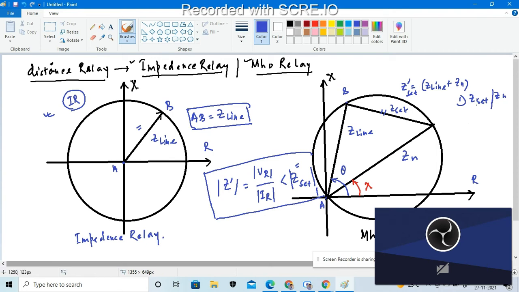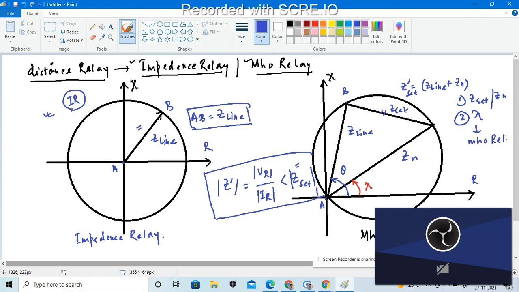Another parameter we will consider is the angle due to this particular Zn, which will be the red section, that is this section. So these are the two parameters for the Mho relay.